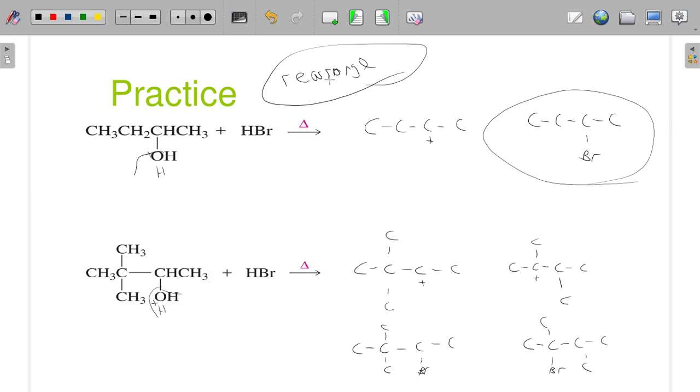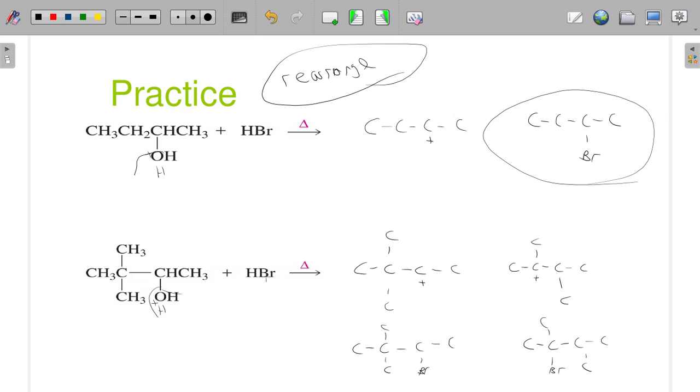Now, the interesting thing is, even though this is a better carbocation, we don't necessarily see all of it go this way. It's not even really safe to say that's the major product always, because it turns out the concentration of your HBr becomes a bit of a playing factor on which one is your major product and minor product.